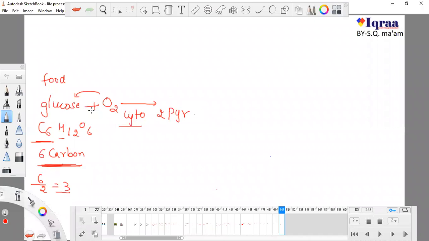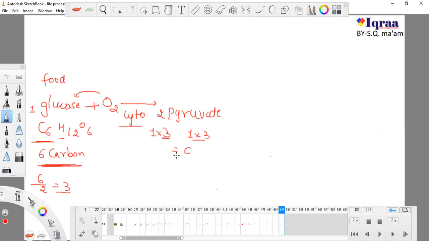Glucose is the original chemical name. One glucose molecule is broken down into 2 pyruvate molecules, and each pyruvate molecule has 3 carbon, one of 3 carbon and another of 3 carbon. So what is the total number?